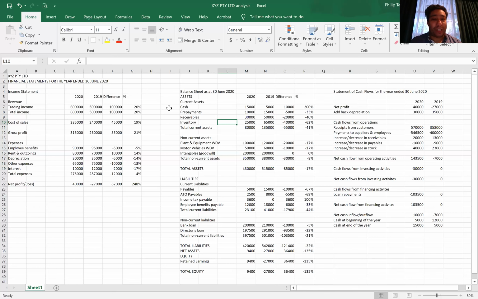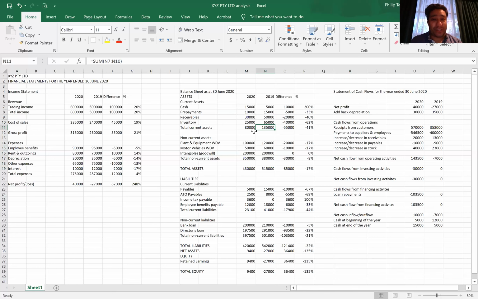I'm just giving you some examples, and they could be real life examples of real businesses who are experiencing these things. Now, at this stage, we see the current assets. These are assets that can be easily converted into cash as and when the business requires.